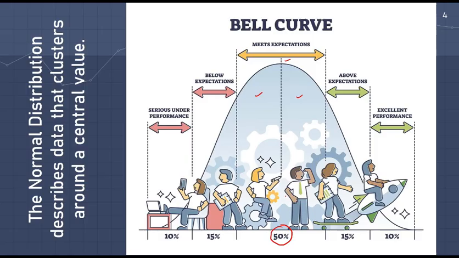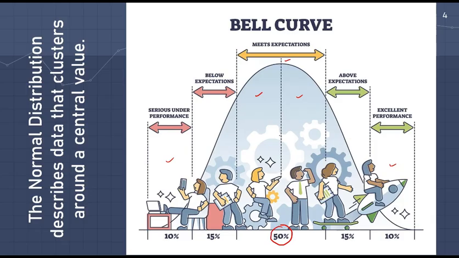And then there is a nice illustration here. The photograph tells about the performance level of different employees in an organization. If you visit any organization randomly, you will find that the very serious underperformers who never perform will be very few in number, and very excellent performers will also be very few in number.